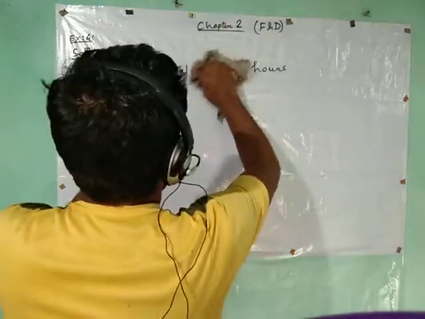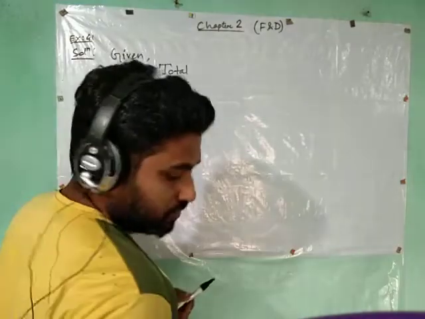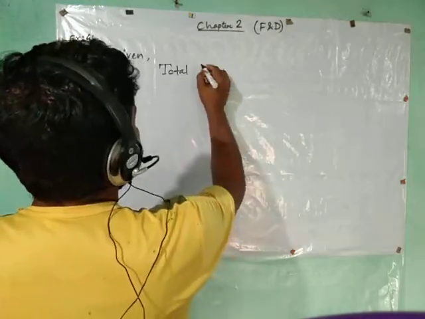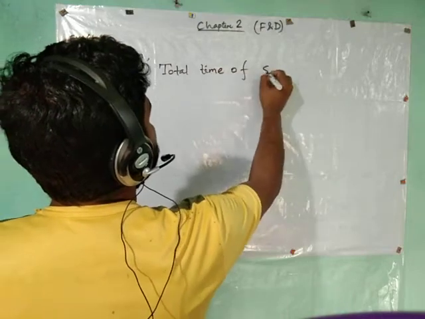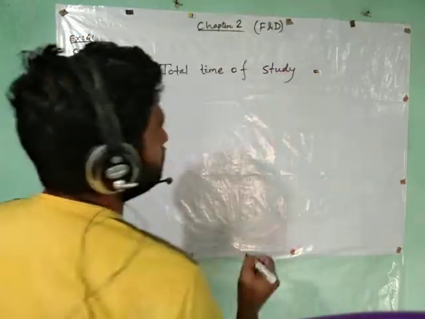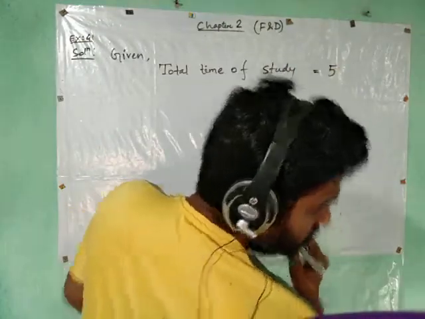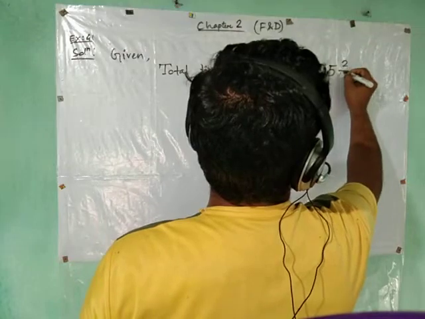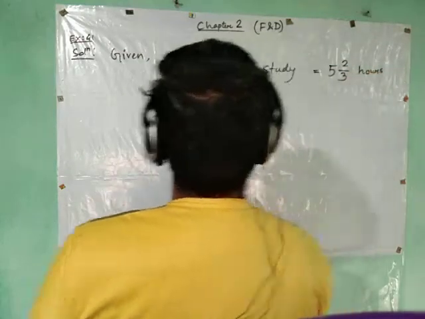I think that will be far better. Now total time of study equals to how much? 5 2/3. What is it? It is in hours.